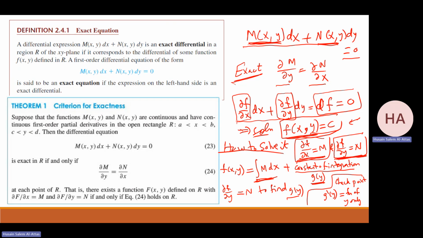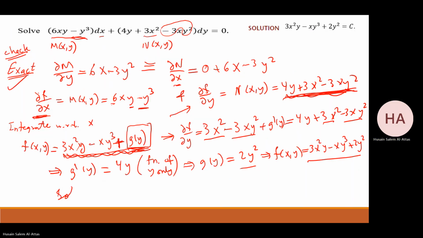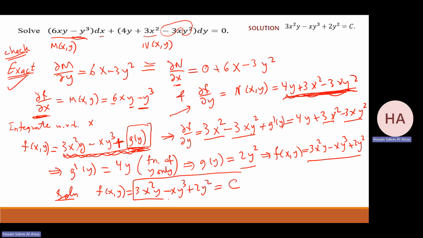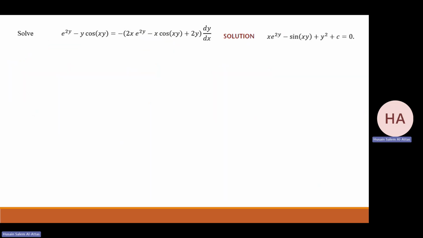This is my solution. So the solution will be what? F of xy, which is this, should equal to c. That will be my solution. Yeah. We did it in details just to be sure that things are going easily. Now we'll do more problems related to that.